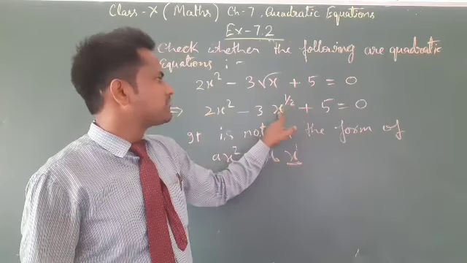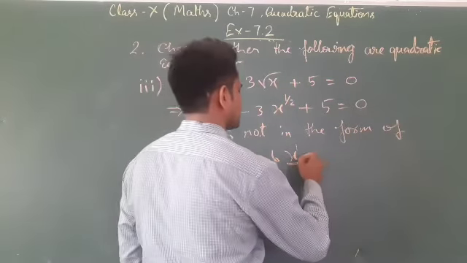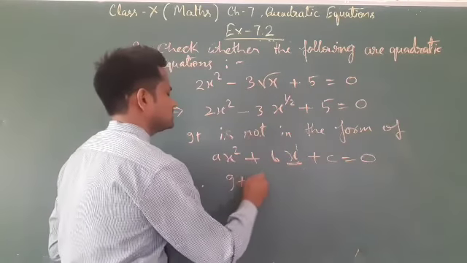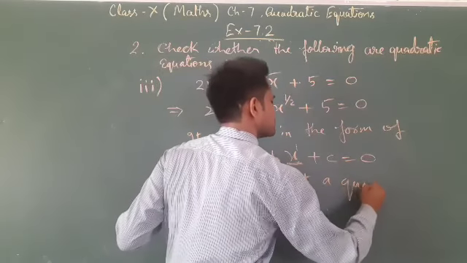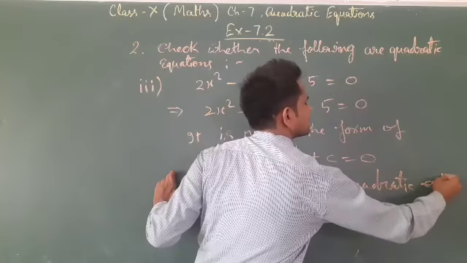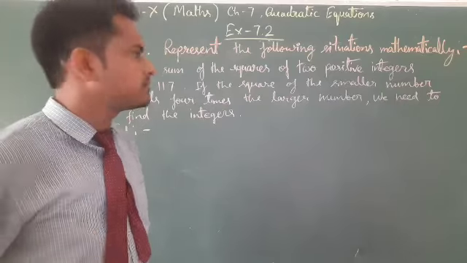Here the power of x is 1 by 2. That's why this is not in the form of ax square plus bx plus c is equal to 0. That's why it is not a quadratic equation. Got it? Pause the video and note it down.